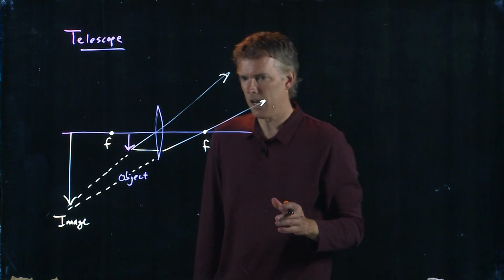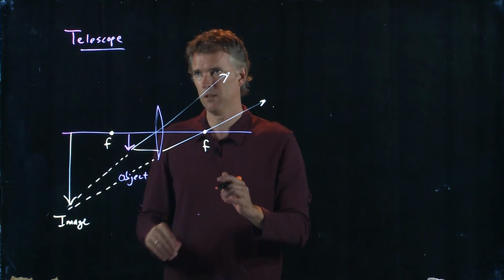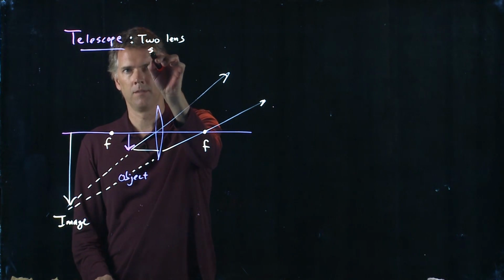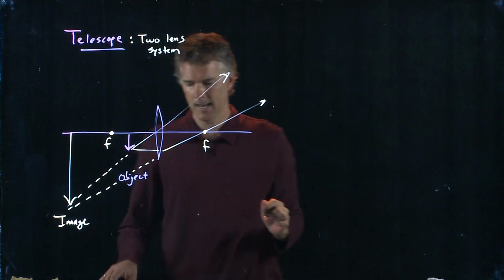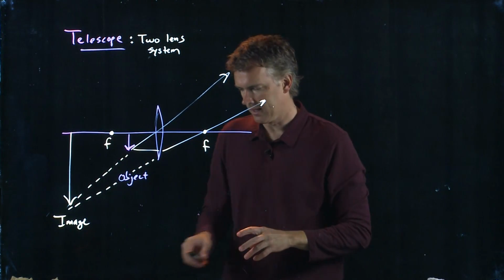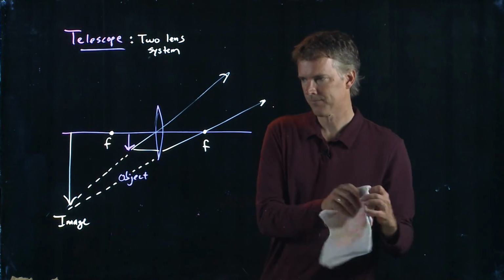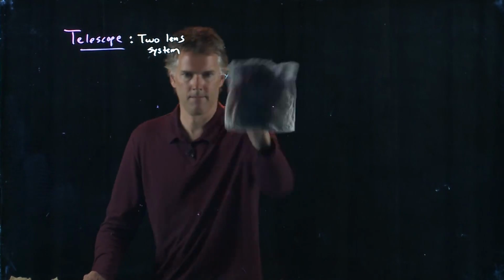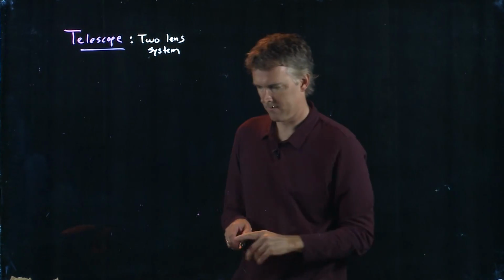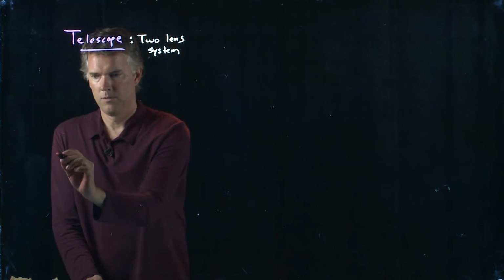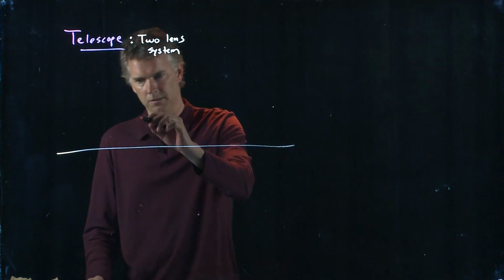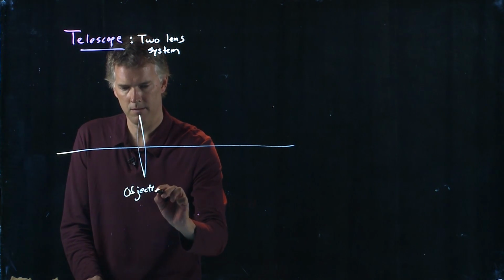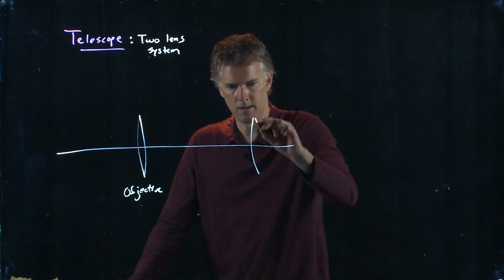But let's add a second lens now. We know that a telescope has 2 lenses in it. And keeping this in mind for a second, let's go back to the 2-lens system. So a telescope has an objective and an eyepiece.